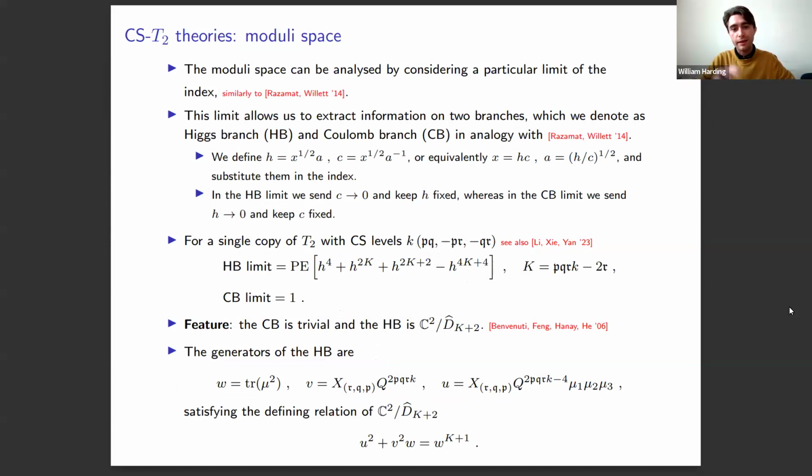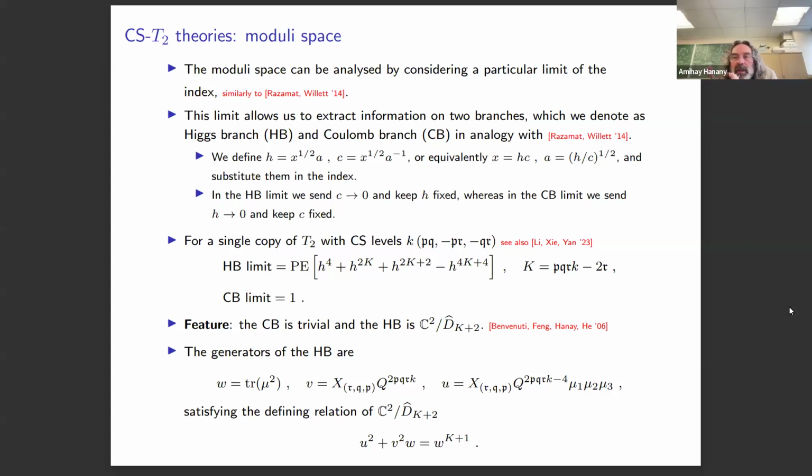Okay, so we have this set of models, which are T2 with Chern-Simons levels satisfying a TT condition. But then I will show you that there is also another set of models, which I haven't discussed yet, where the TT condition does not hold anymore, but there is still enhanced SUSY. And I will discuss this in the next section of this talk.